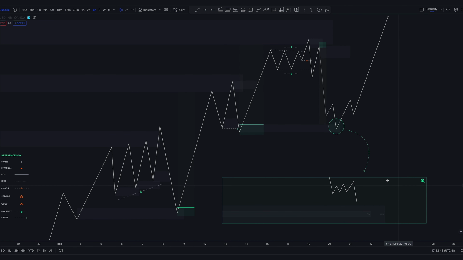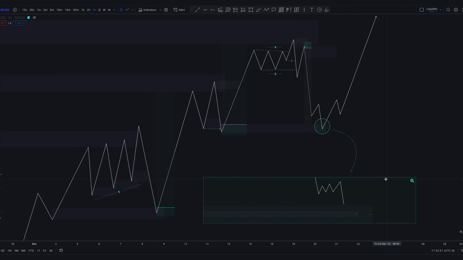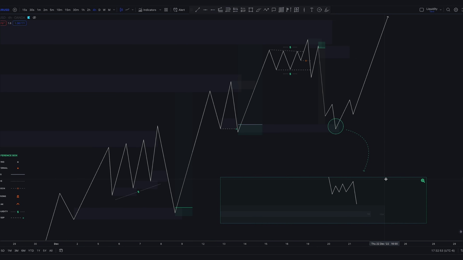So you see, that's why we pretty much trade the same pairs every day, because we want to be looking at the history and what price did all this time here. We already know, because we look at this pair every day, that here we had a sweep of liquidity.